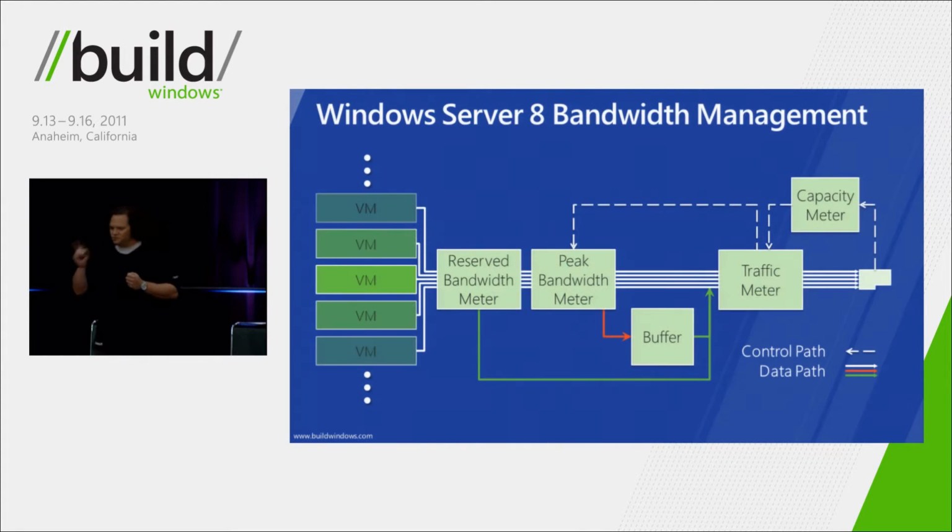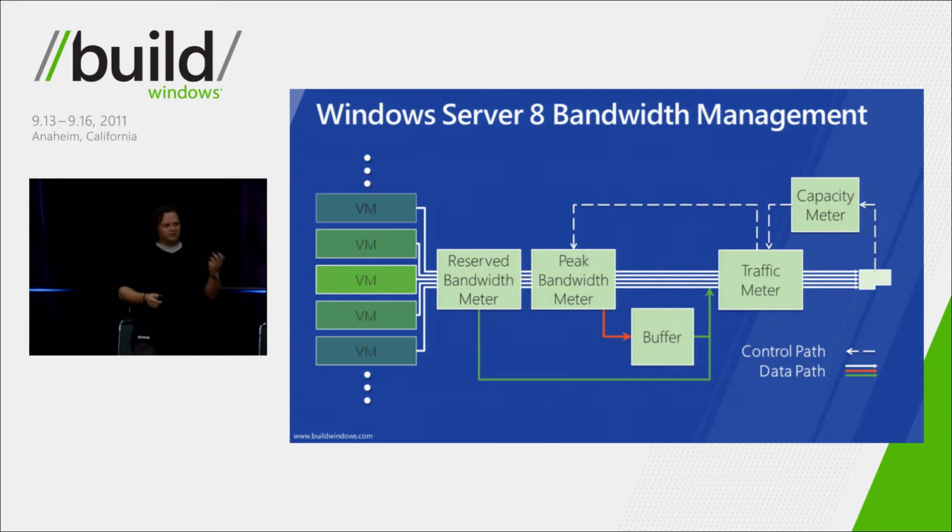Oh, there's one more thing I wanted to say about this. Blew right past it. So the good news about this is all done in software. And with software, all things are possible. This is not at all dependent on your hardware. It doesn't depend on what brand of NIC you have, what your NIC capabilities are. So that means you can have dozens and dozens of classes of traffic. And in this picture, we're talking about dozens and dozens of VMs. So you can have a high number of VMs on a server, allowing you to have multi-tenancy.